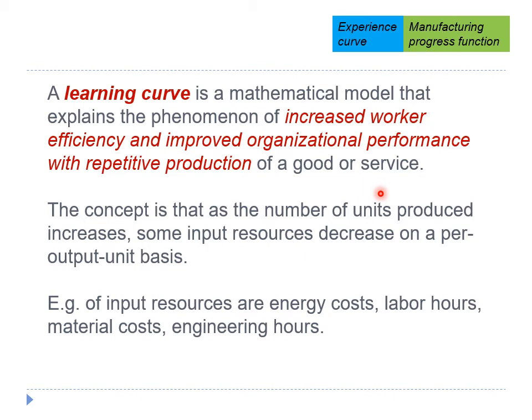The concept of the learning curve is that as the number of units produced increases, some input resources decrease on a per output unit basis. Examples of input resources are energy cost, labor hours, material cost, and engineering hours.